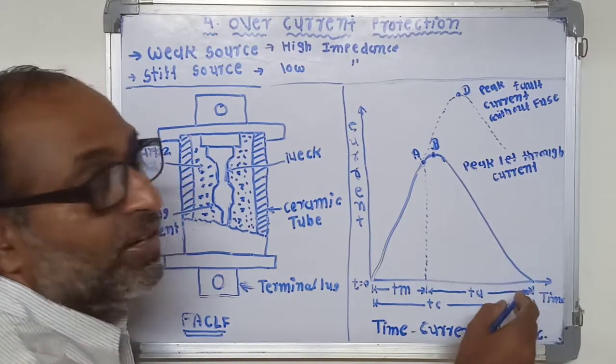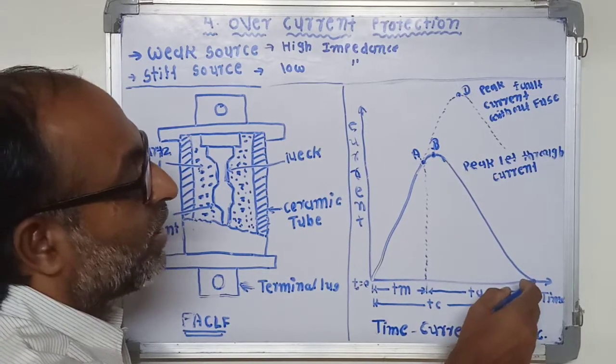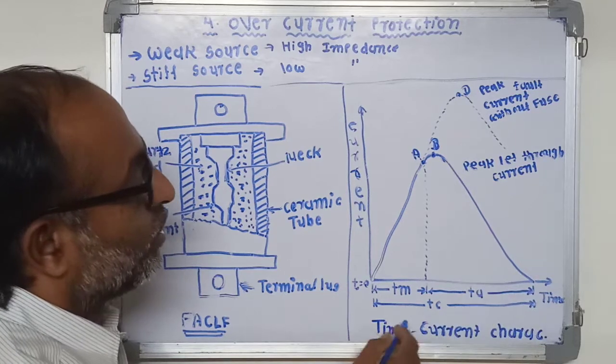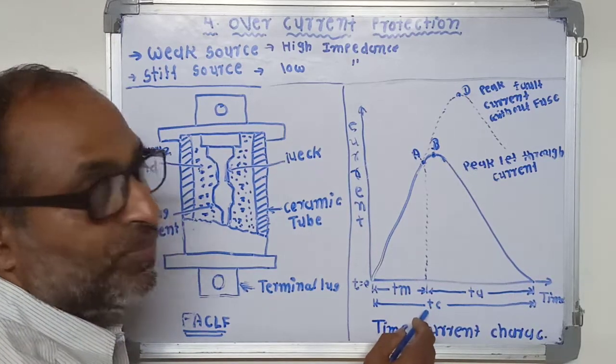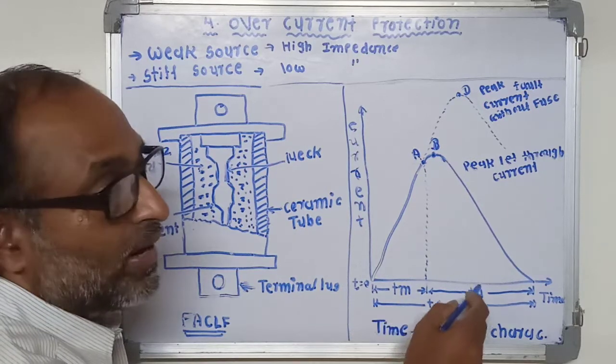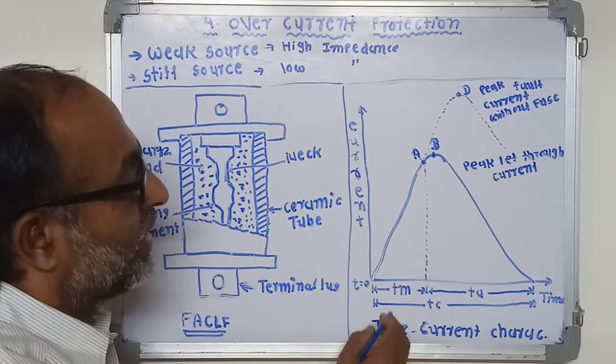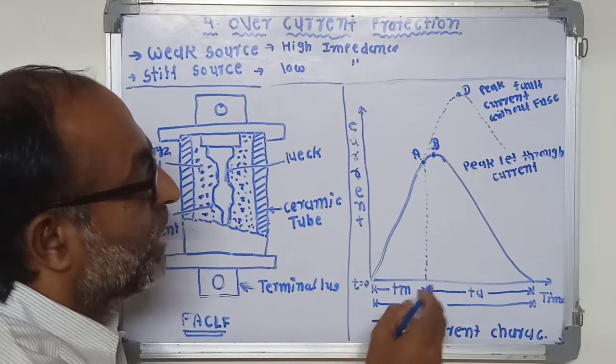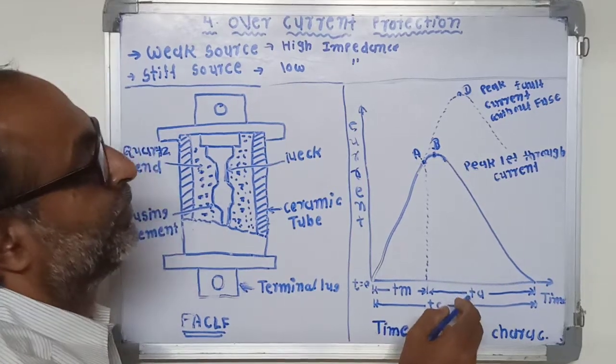At point C, the arc stops and the fault current is cleared. So the clearing time is the summation of melting time and arcing time. So we can write Tc is equal to Tm plus Ta.